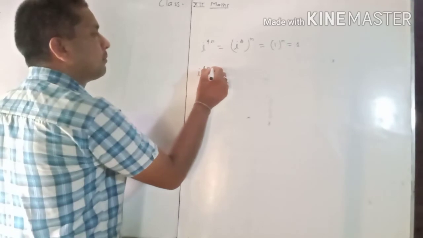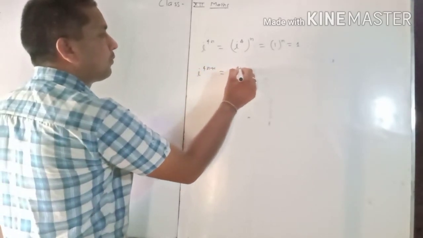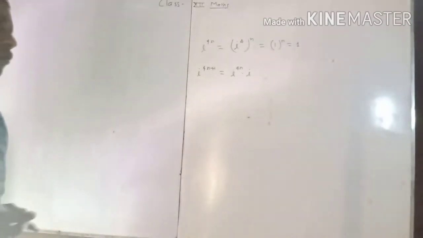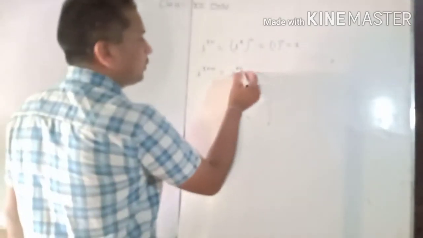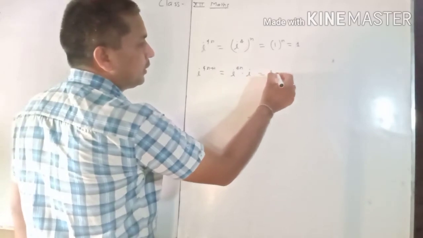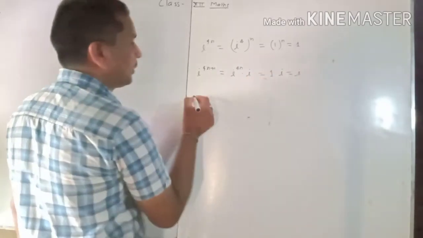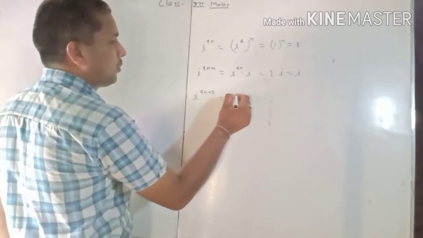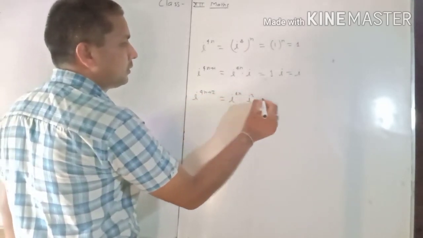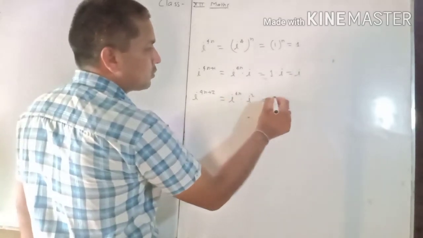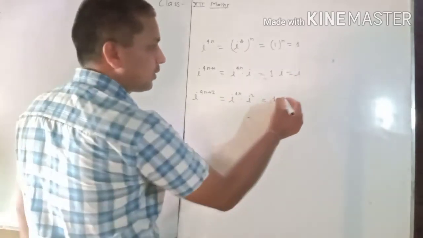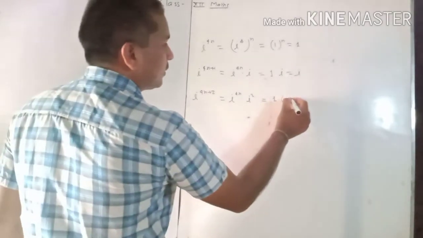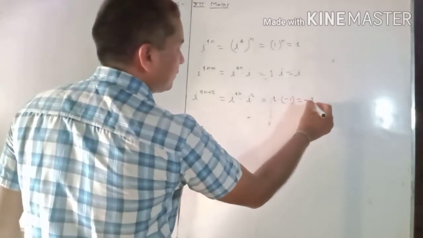I to the power 4n plus 1, I to the power 4n into I to the power 1 is equal to 1 into I equal to I. I to the power 4n plus 2, so I to the power 4n into I square, I to the power 4n means 1, I square is -1, so we get -1.